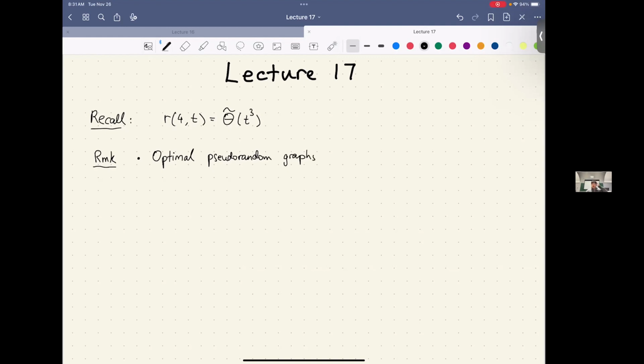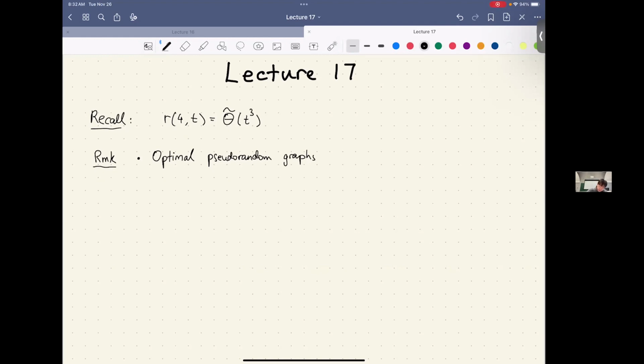Pseudo-random graph means a graph which behaves like a random graph. One of the criteria to define such pseudo-randomness is to look at the spectral gap, when, let's say, the graph is regular and the non-trivial eigenvalues are much smaller compared to the first eigenvalue, which is the degree of the graph, the regularity.